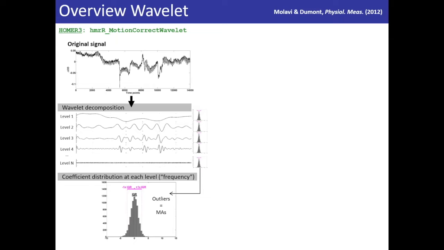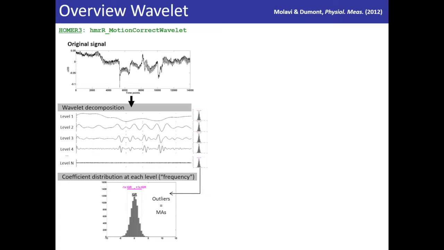And we typically define these outliers in terms of interquartile range times a constant. And this constant may change depending on the motion artifact amount in your signal. You may want to play with it. And there are some numbers in the literature for infants versus adults.